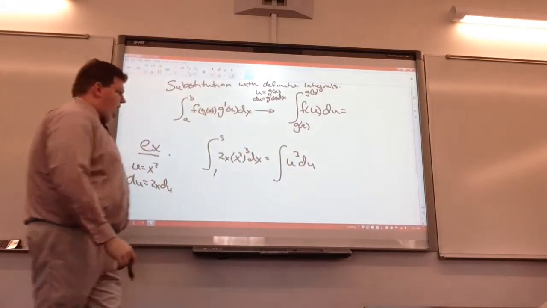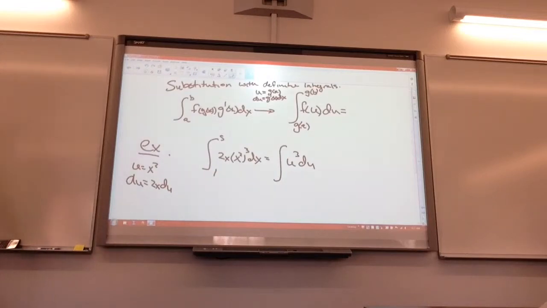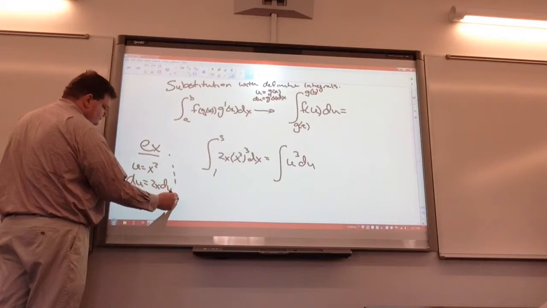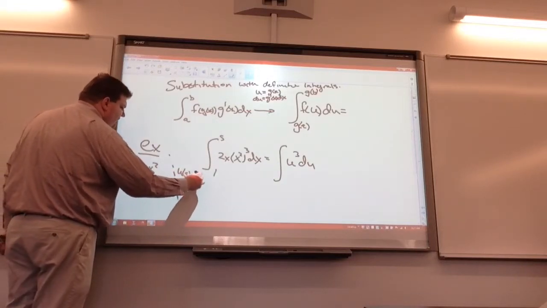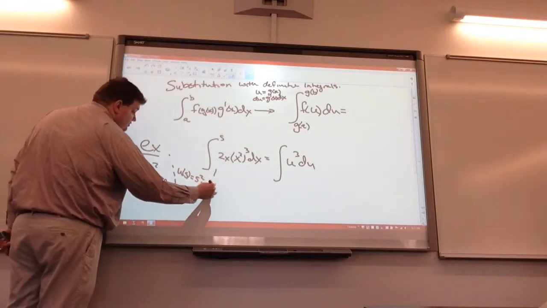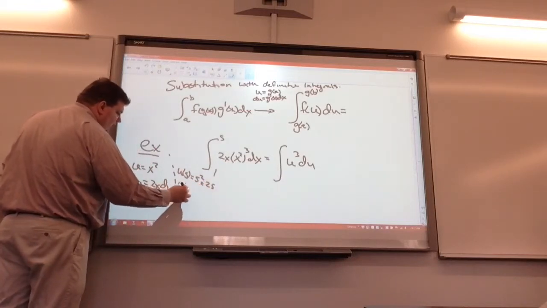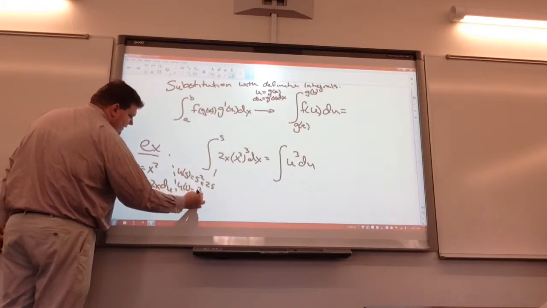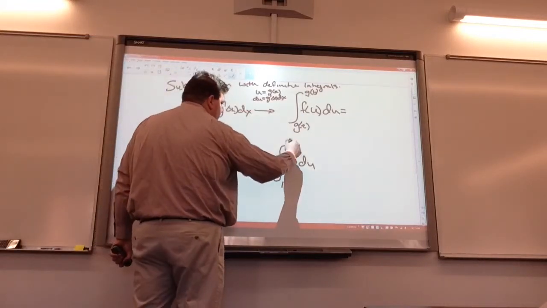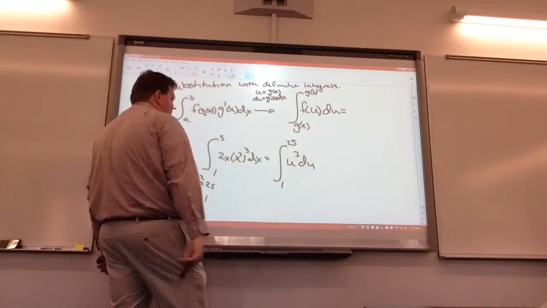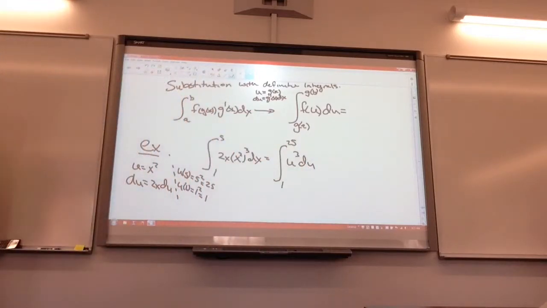These numbers there, though, can't stay as 5 and 1, okay? So what I do is I figure out what they are in terms of u. I would say u of 5 is equal to 5 squared, which is 25, and u of 1 is equal to 1 squared, which is still equal to 1. So this becomes 1 to 25 now, okay, when I change things, okay?